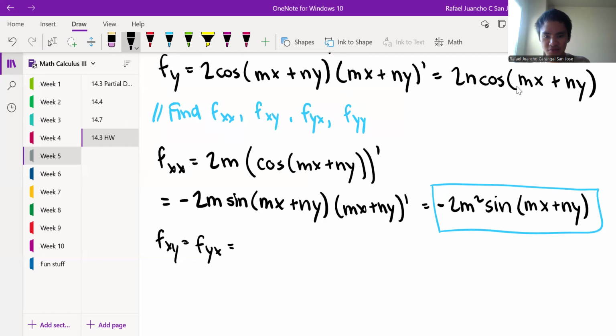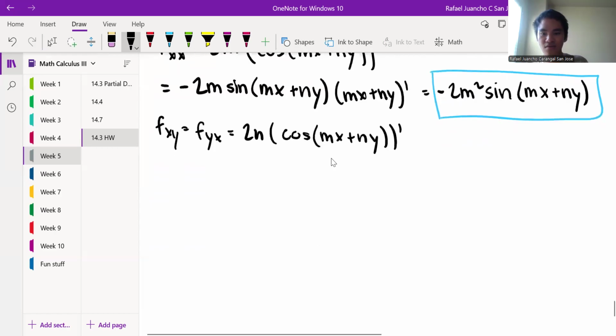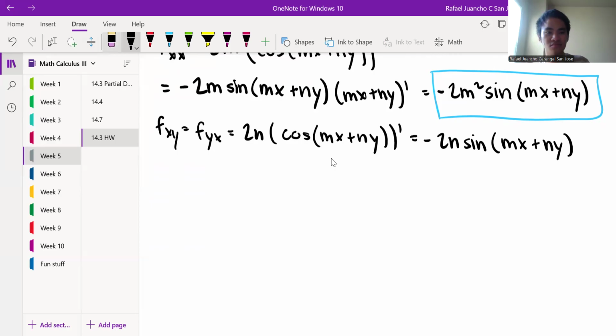Okay, let's quickly do that. So I leave 2n alone. I take the derivative of my cosine function. Well, this is negative sine, so negative 2n sine of whatever was inside.